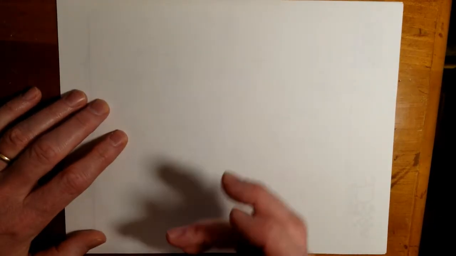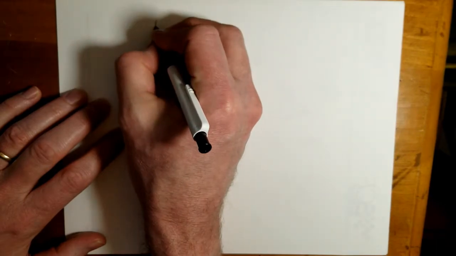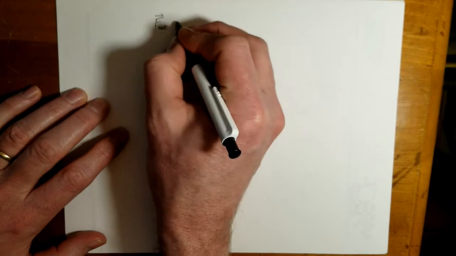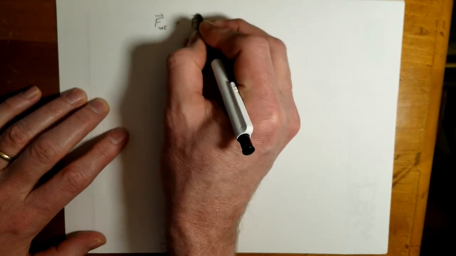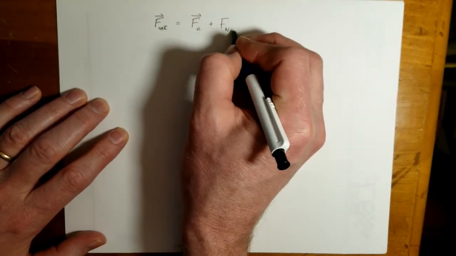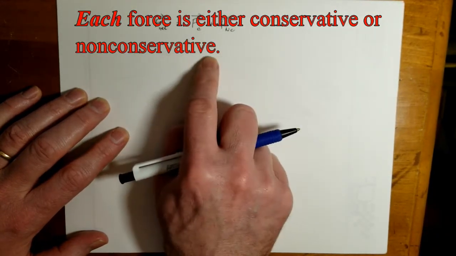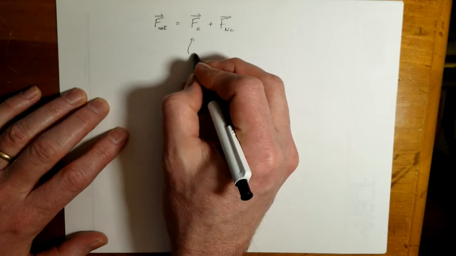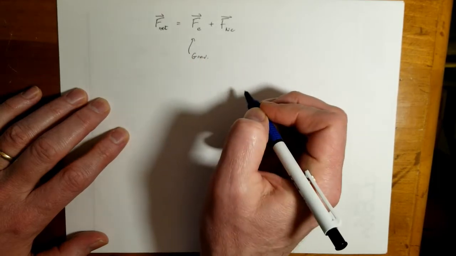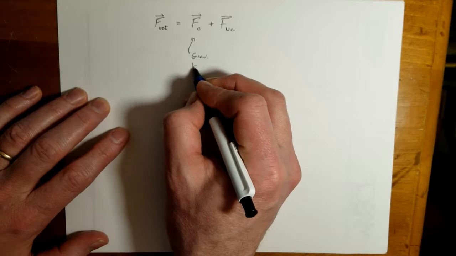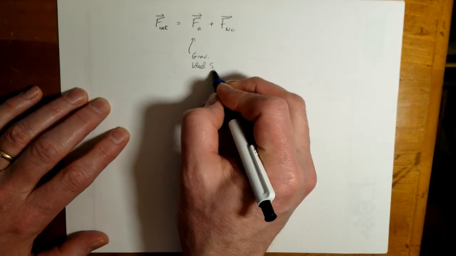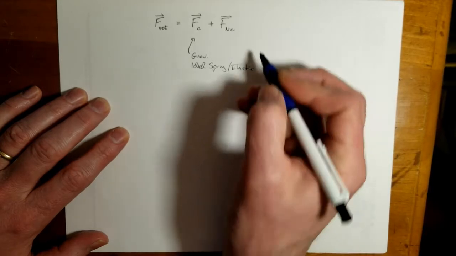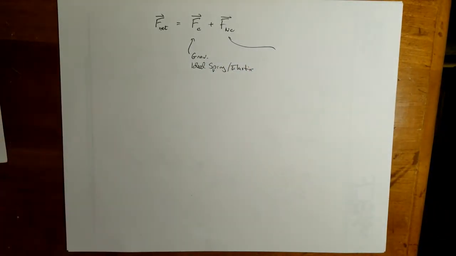Take it one step further. In that last derivation, we talked about the net force. Well, there's actually two types of forces. There's the conservative force, and then there's non-conservative forces. All forces are either one or the other. In 151 and 251, gravitational forces are conservative, ideal spring or elastic forces are conservative, and pretty much everything else is non-conservative.